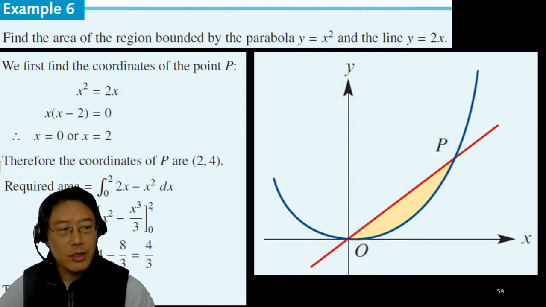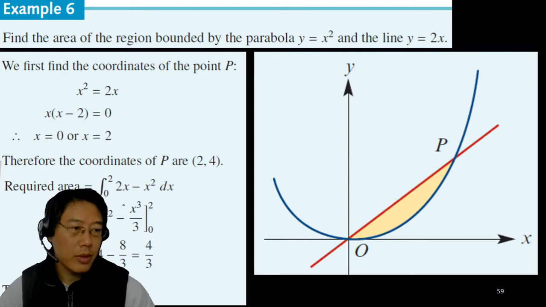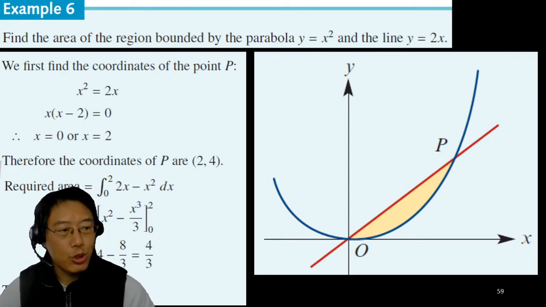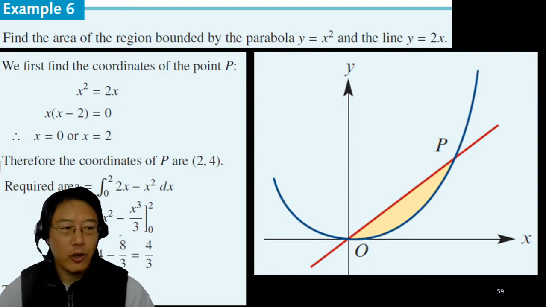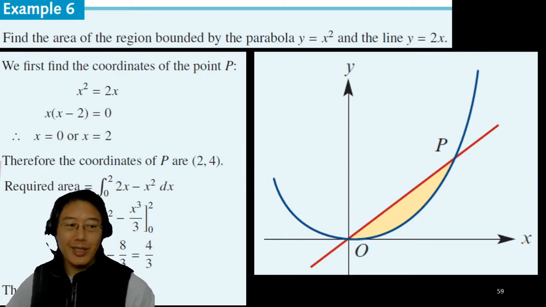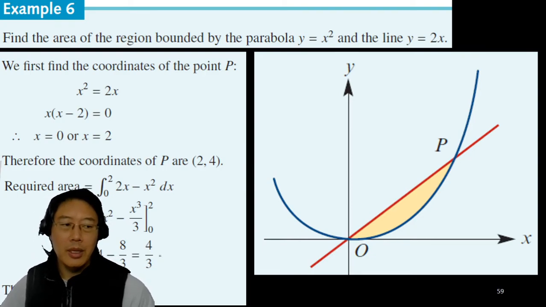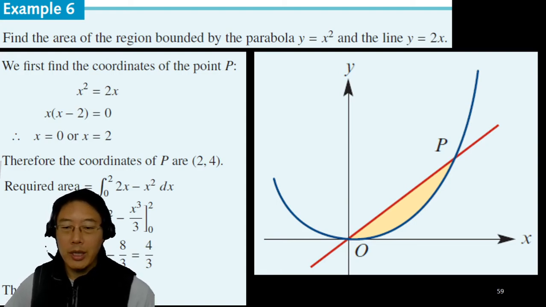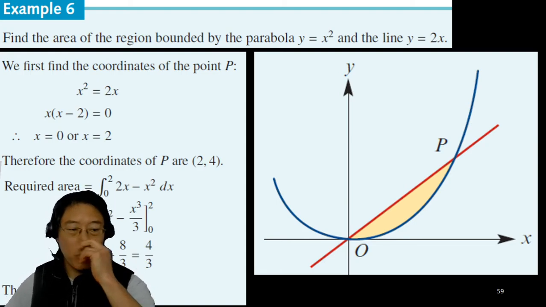If I substitute 2, x squared becomes 4, the minus x cubed over 3 is negative 8 over 3, and then you minus that function by substituting 0, because they all have x terms, it cancels out. So what's left is 4 minus 8 over 3. That simplifies to 4 over 3, so that is the area in square units.